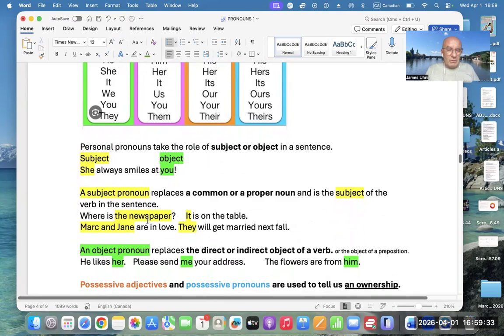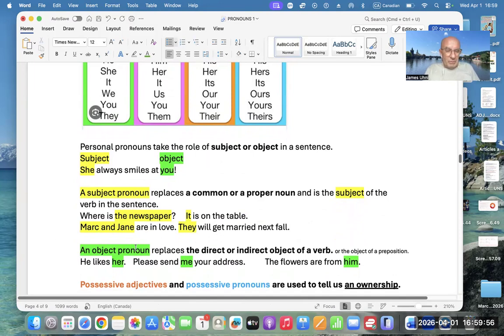Where is the newspaper? It is on the table. Mark and Jane are in love. They, because they are two, will get married next fall.